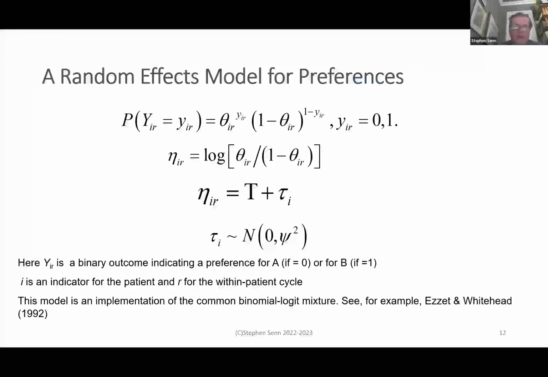I just remind you, Y_ir is a binary outcome indicating a preference for A if equal to 0 or for B if equal to 1.